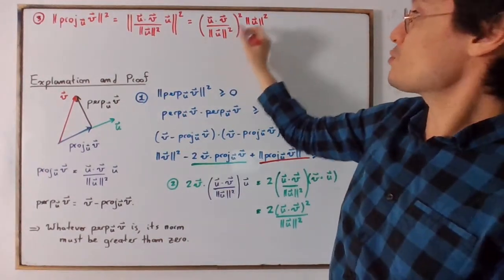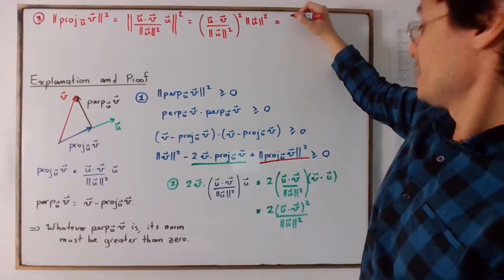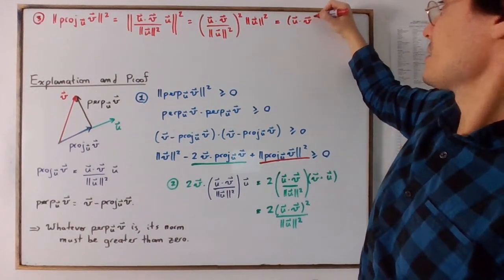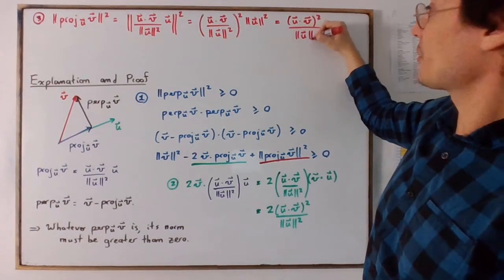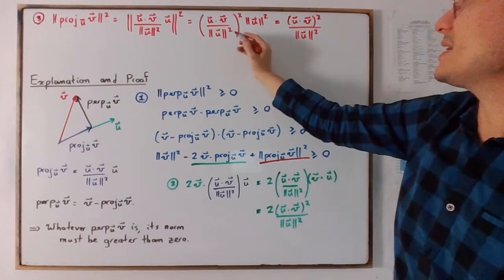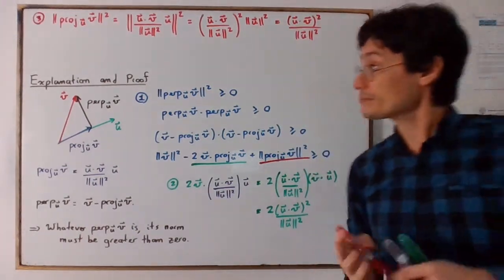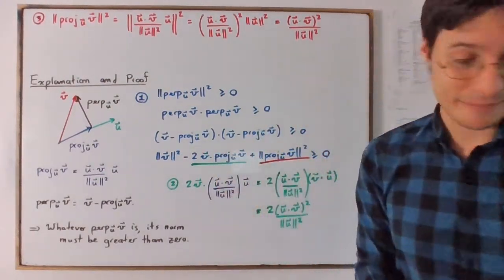Now be careful, this will be u to the power of 4, so overall what do you get? You simply get u dot v squared over u squared. Okay, so you just simplify this with this, but be careful, this is to the power of 4, and you get that.